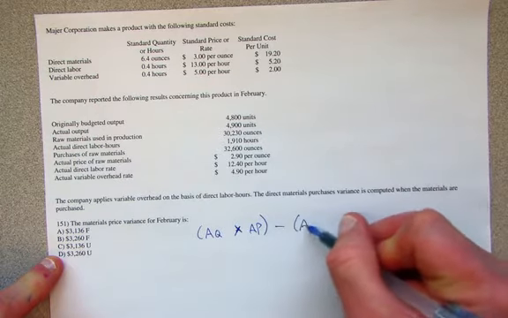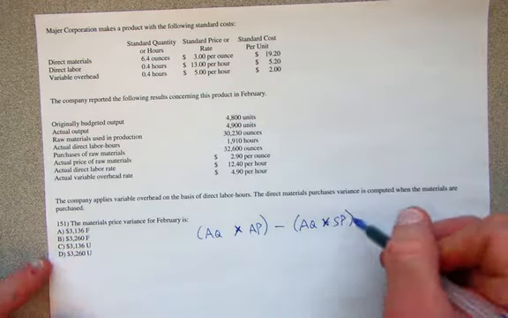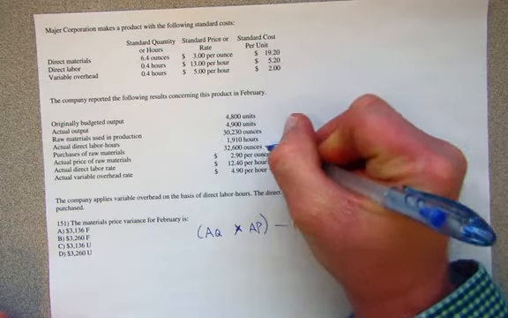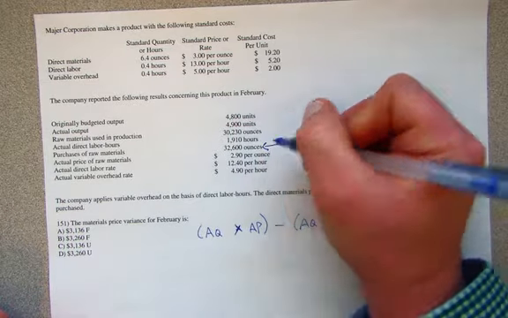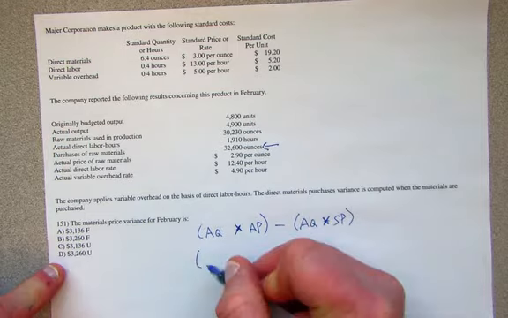And from that, let's subtract the actual quantity times the standard price. Now here's the deal. When it's a price variance, we need to look at how many ounces were purchased. Because think about what we're doing with this variance. We're evaluating the people who make the purchasing decisions.